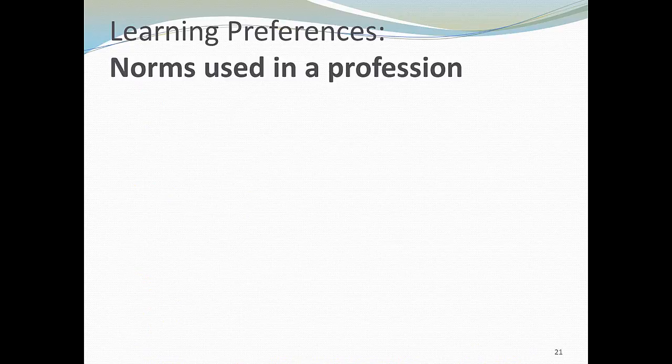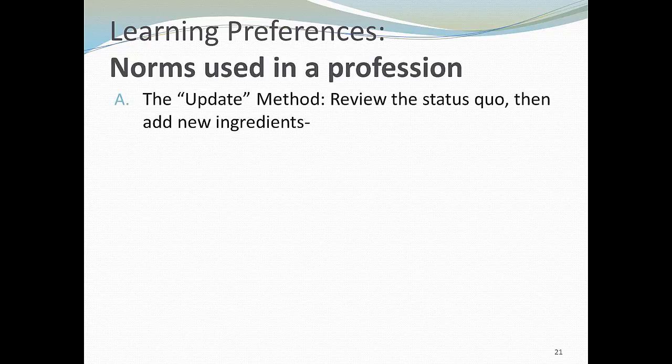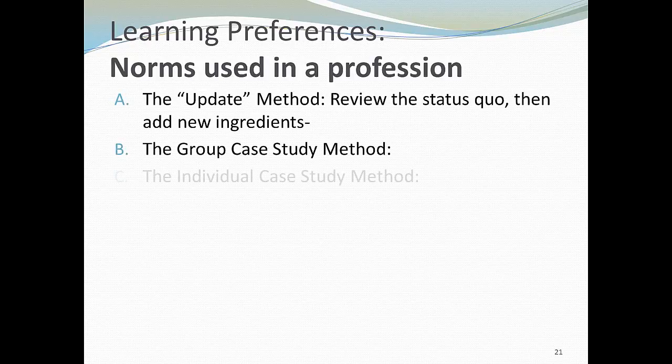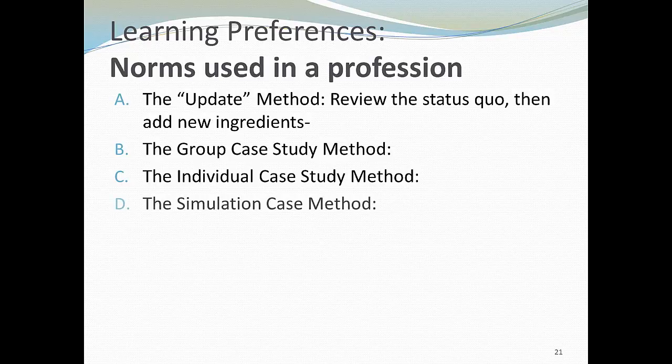So then we come to sort of norms used in your profession. These can vary widely depending on your license and your degree. But there are four main methods that I could sort of come up with off the top of my head. The update method, which is sort of continuously additive. You review the status quo, but then you add new ingredients.